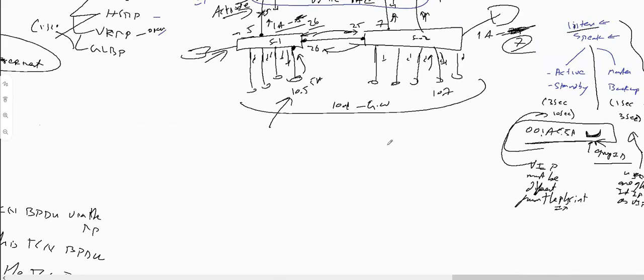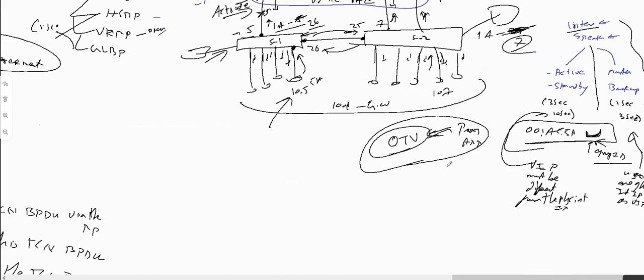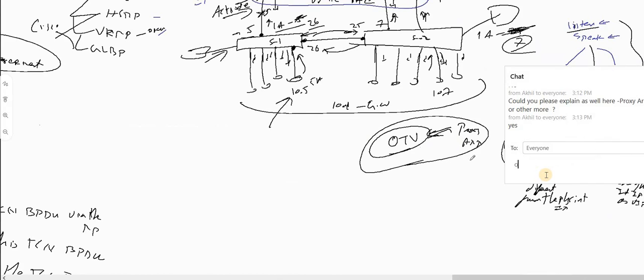However, when we discuss OTV, we are going to talk about proxy ARP in OTV. Okay, we are going to discuss that. So right now I'm not discussing proxy ARP.